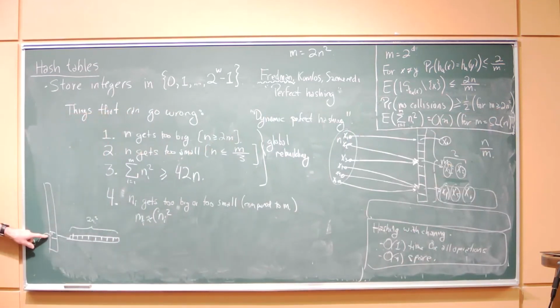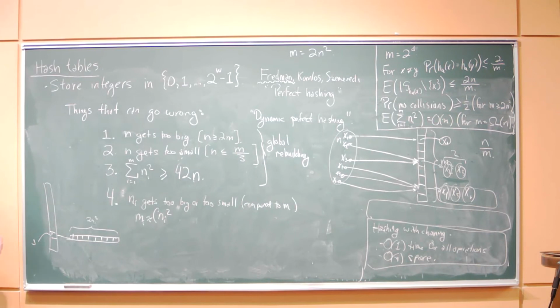But again, this is the kind of thing we know how to deal with. If that happens, that means too many things got added to this table since the last time I built it. I can afford now to rebuild it again, but this time with a bigger value of mi.